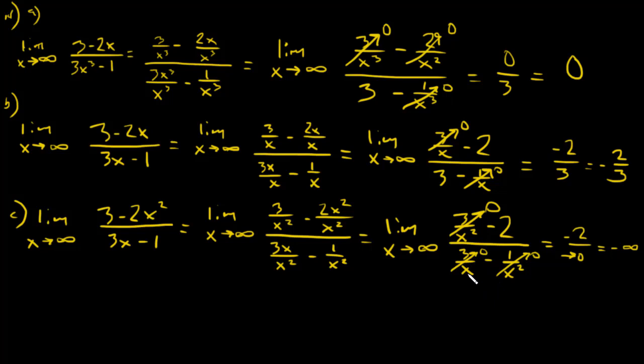I have 3 over x minus 1 over x squared. They're both going to 0, but which one is going to 0 fastest? In other words, one of these terms is going to 0 slower than the other one, and one is going faster. The one that's going to 0 faster is this second term.